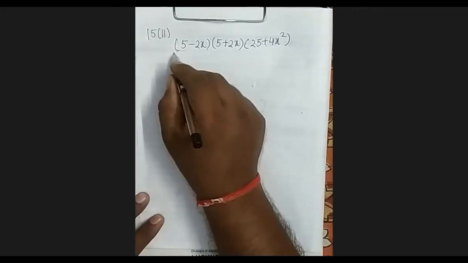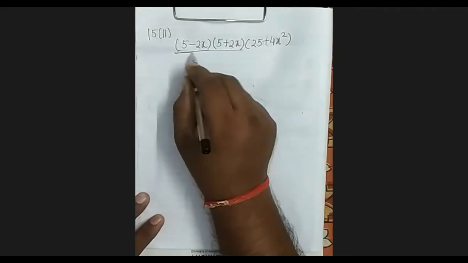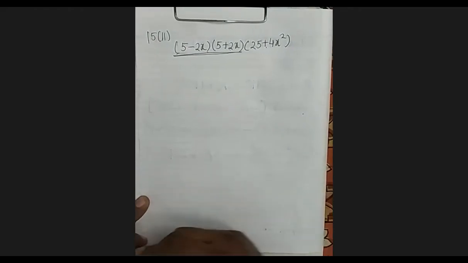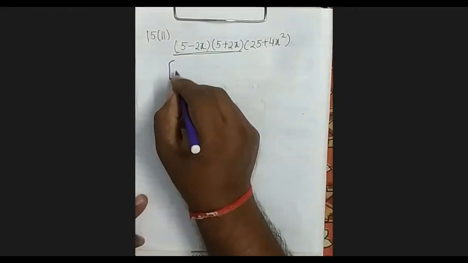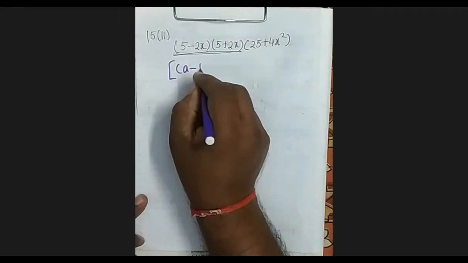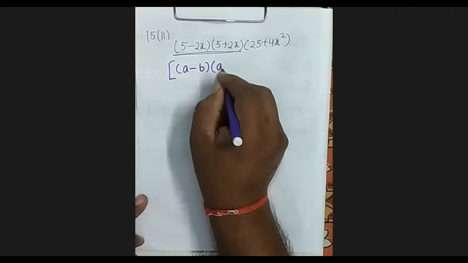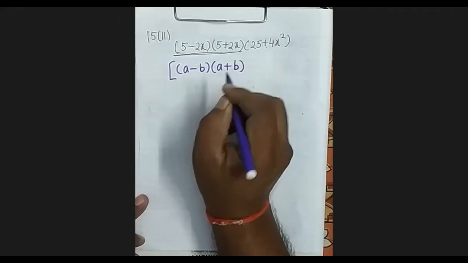If we see these two brackets, it looks like a minus b into a plus b. And what is a minus b into a plus b? Who can tell? A minus b into a plus b.